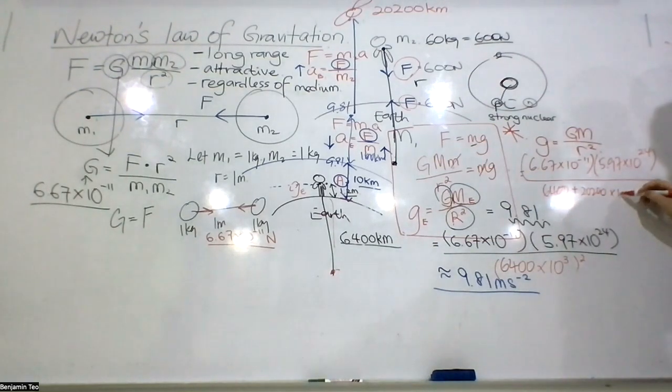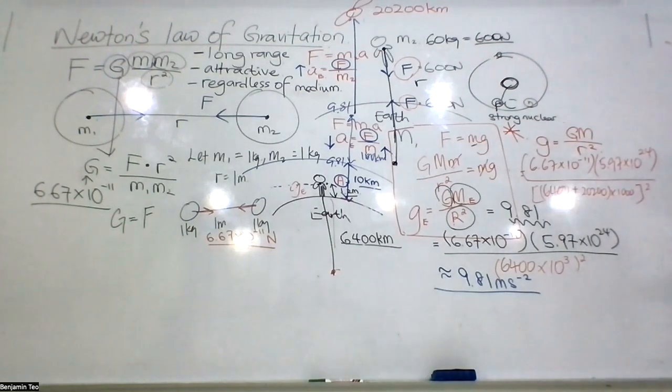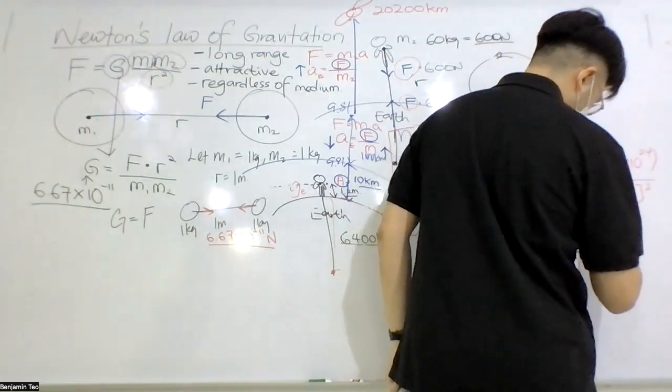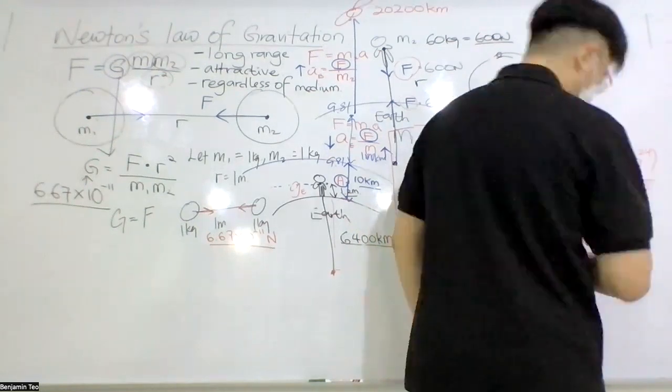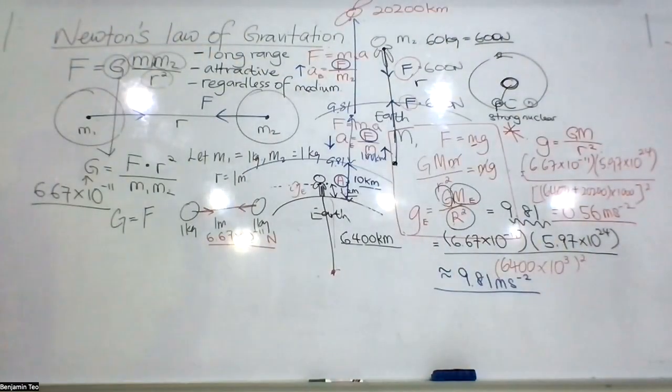So times 1000, and then a factor of 2. Yeah, you get 0.56 meter per second square.